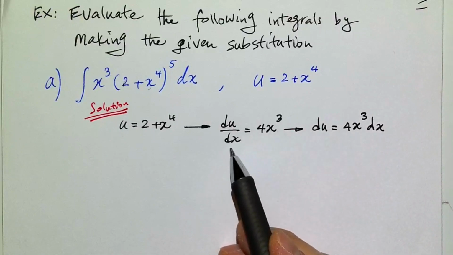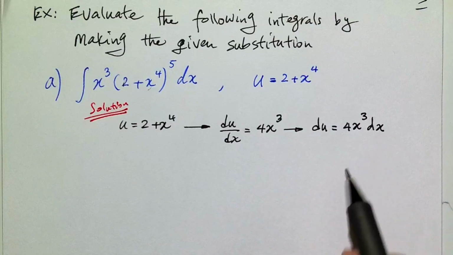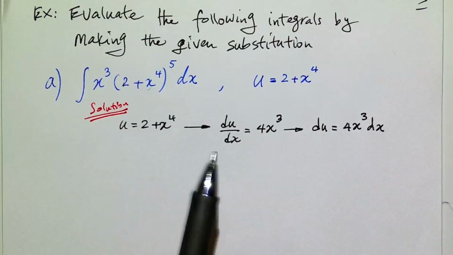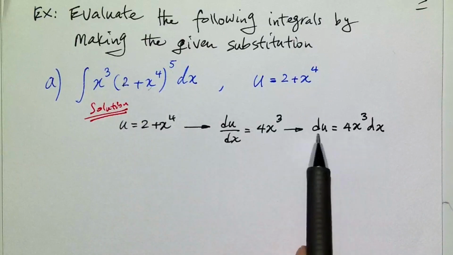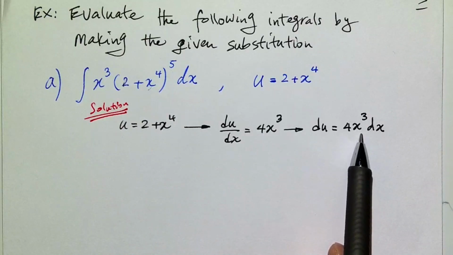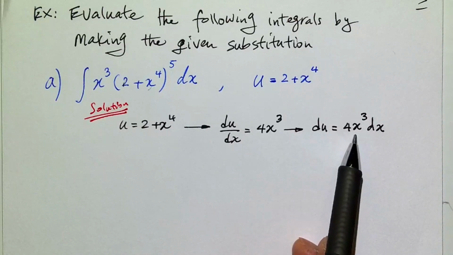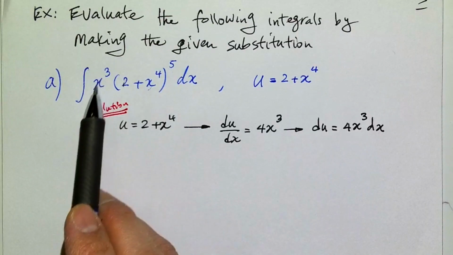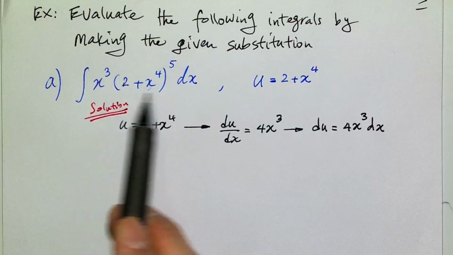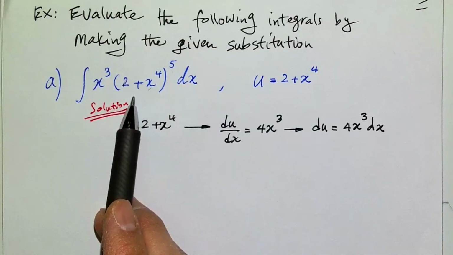On the left side, dx is gone. Now, if we compare what we have in the original expression with what we have so far, it looks like if we multiply both sides by 1/4, we're going to be able to get x cubed dx, right? So then we can replace x cubed dx by 1/4 times du.